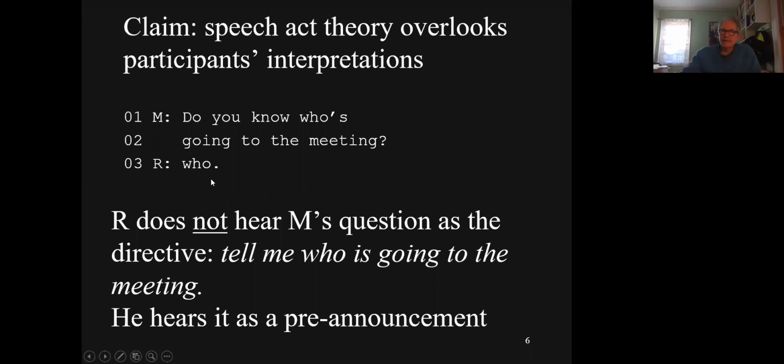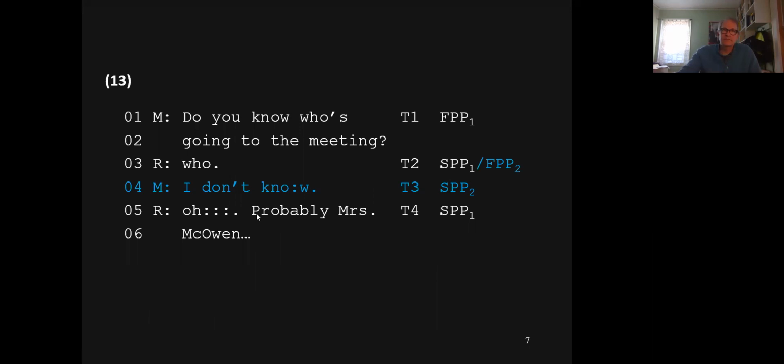So R is interpreting what M says as a kind of pre-announcement, because R says who, like tell me who. Then M says, I don't know. And then R says probably, and gives the information down here, but not in line 3, because that's not how R was interpreting it.